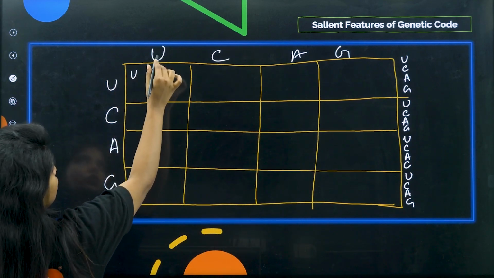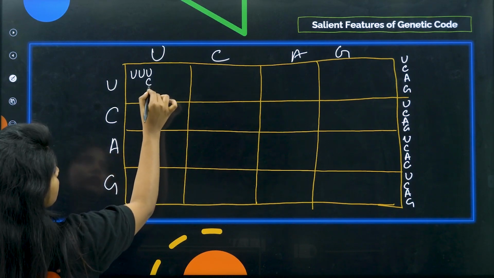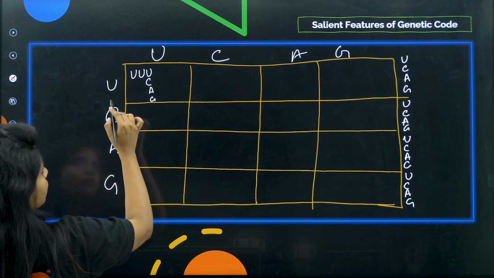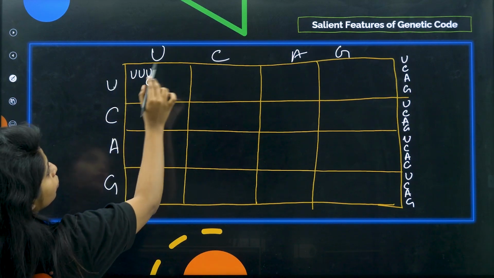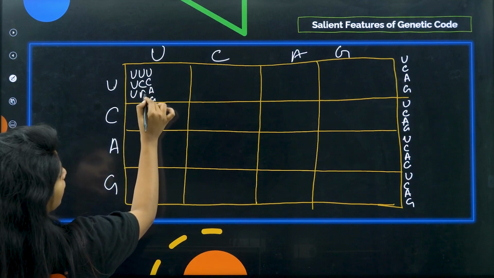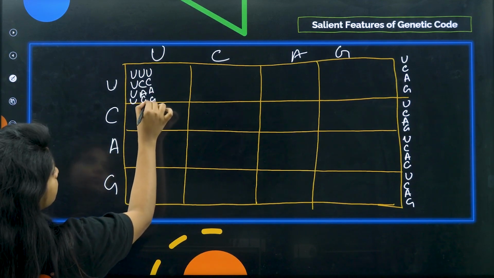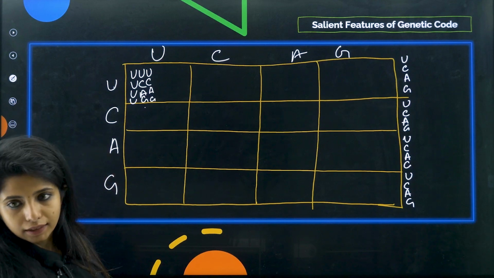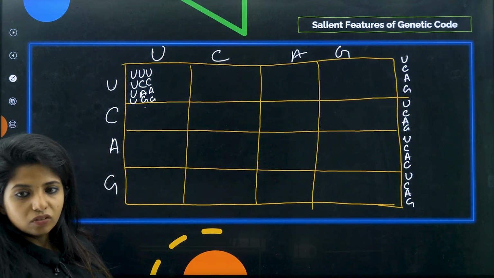Now, codons go like this: U, and there U. So UCAG I can write over here, and then I can copy everything from here. Now it will be U, C, U, A, and there it will be U, G. You have to write like this. Got it? It's easy, no?